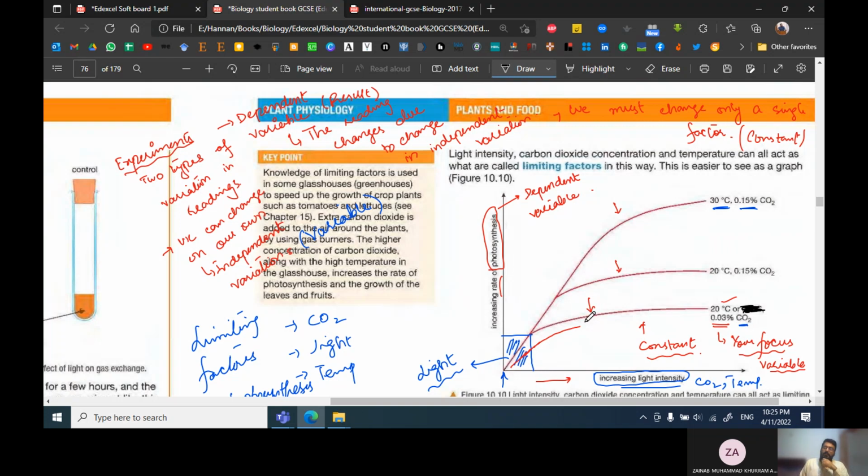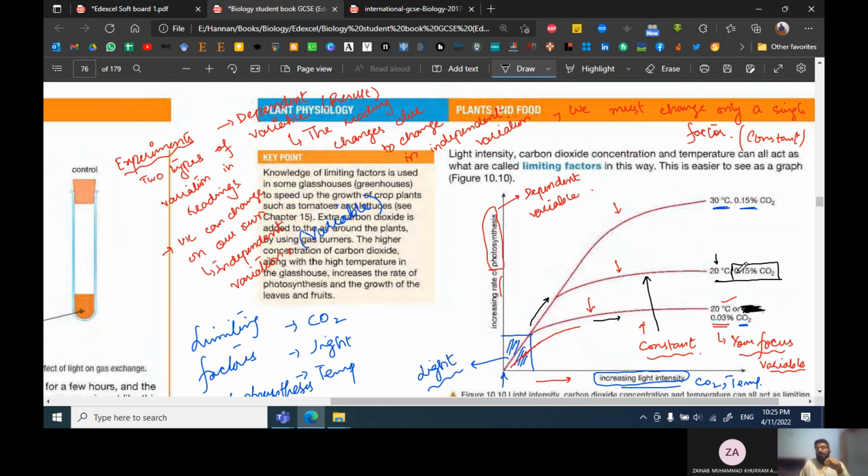And the rate of photosynthesis suddenly became constant at this level. Now, just observe the other readings. What have you done? You have increased the carbon dioxide to 0.15% from 0.03%, and kept the temperature the same. At this level, the photosynthesis rate increases, but it still becomes constant after a certain level.